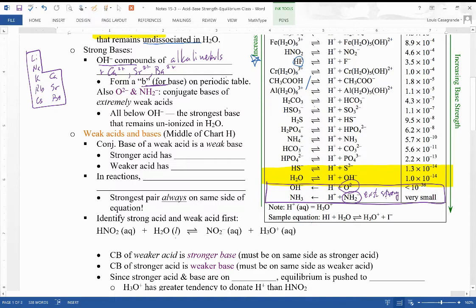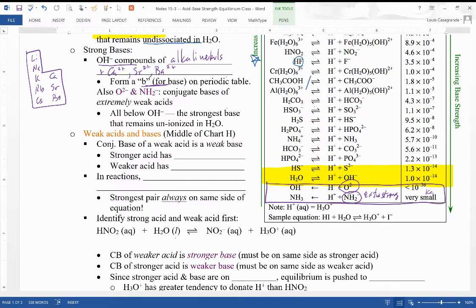Because of the extremes, let me rewrite that: extra strong as bases. And remember, over here these are the Kas, which means that to the right there's almost no products formed.